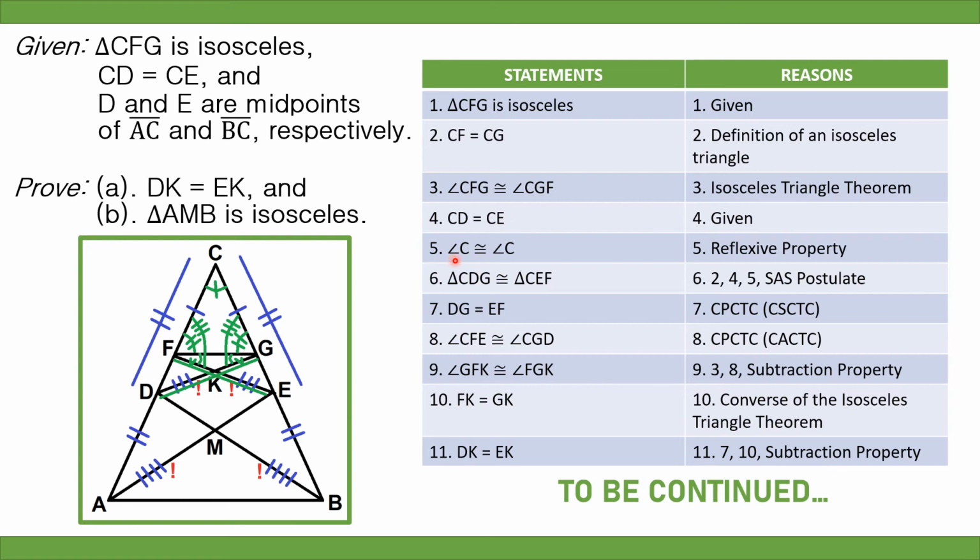Angle C is congruent to angle C by reflexive property. And statement 6. Triangle CDG is congruent to triangle CEF by 2, 4, and 5, SAS postulate. Statement 7. DG is equal to EF by CPCTC.